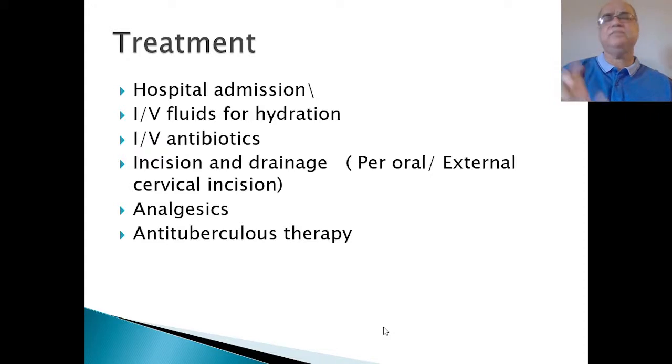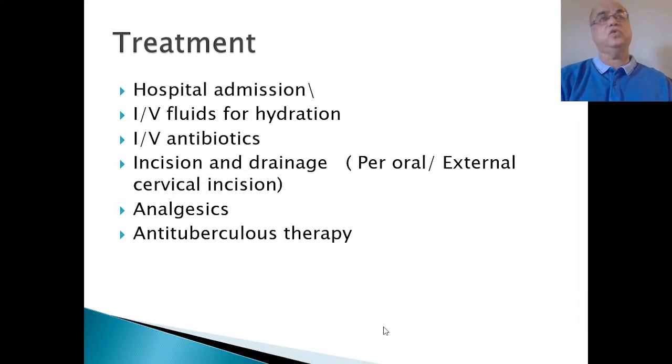A very simple regime is that for every 10 kg body weight, there is one tablet of that combination of anti-tuberculous drugs. So for example, if a patient is 40 kg, that patient has to take only 4 tablets of that combination once daily. And along with that, of course, we have to give the patient multivitamins and folic acid as well.